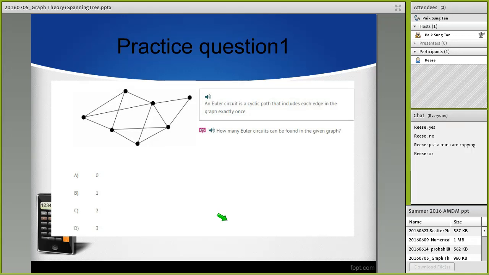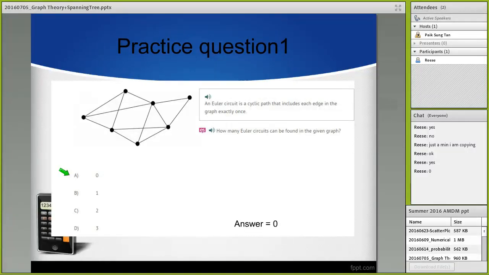I give you a minute. Do you know how to find the degree of each vertex? I give you a minute to try it out, and then you tell me what you think. The answer choices are 0, 1, 2, 3.